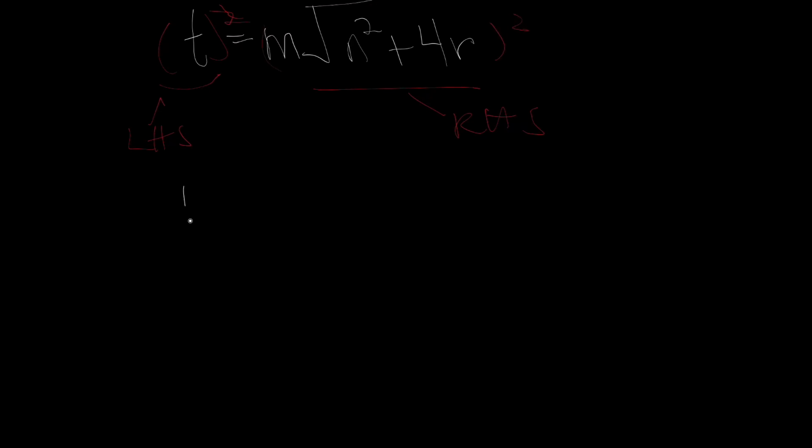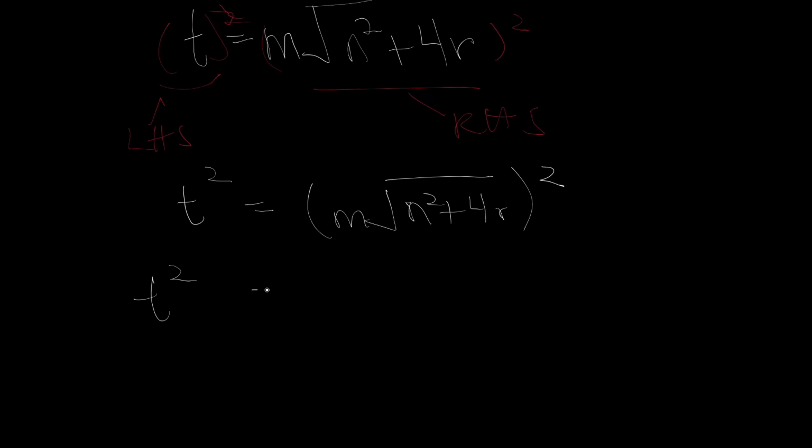So we get t squared should be equal to m square root of n squared plus 4r, all squared. Now expanding to remove the square root, we have t squared is equal to m squared times n squared plus 4r. Now we expand to remove brackets.